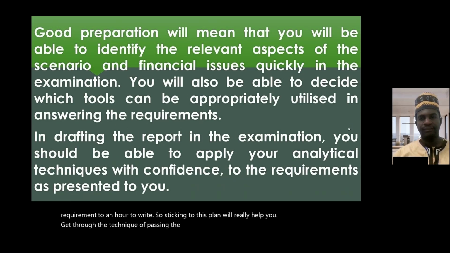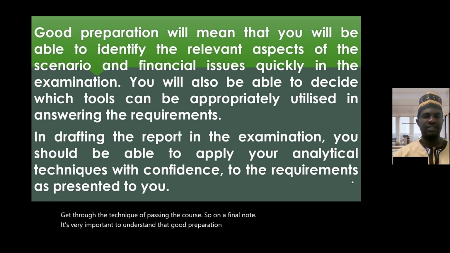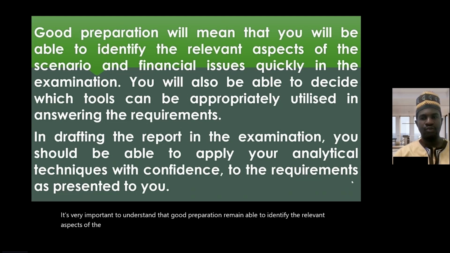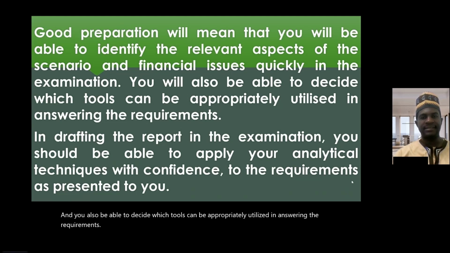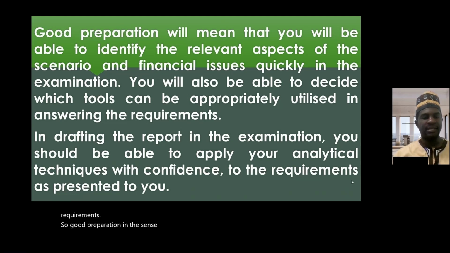So on a final note, it's very important to understand that good preparation will mean you're able to identify the relevant aspects of the scenario and financial issues quickly in the exam based on this time. And you'll also be able to decide which tools can be appropriately utilized in answering the requirements. So, good preparation in the sense that you've practiced and practiced and practiced past questions.